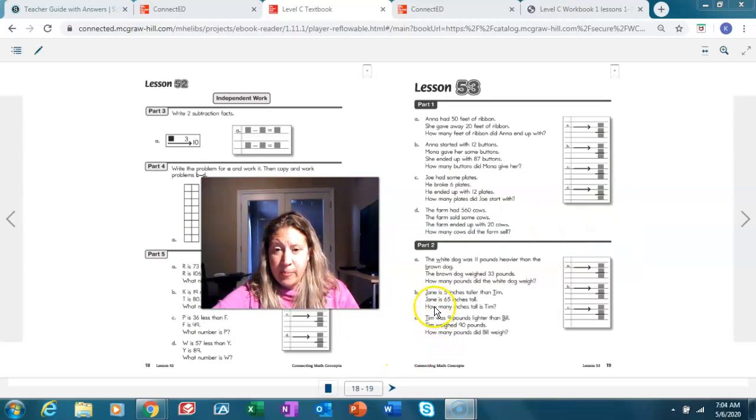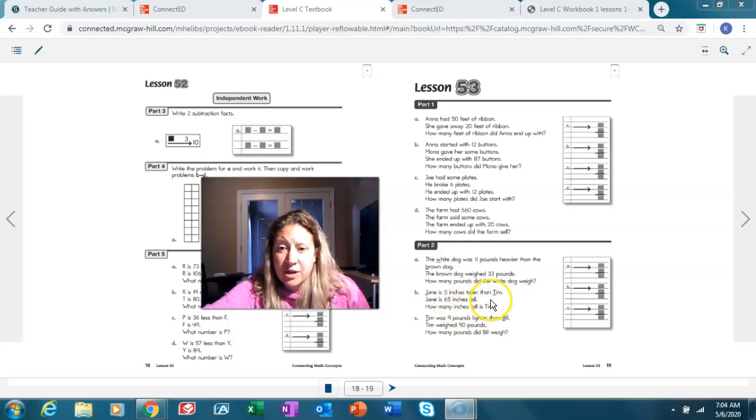Problem B. Jane is 5 inches taller than Tim. Jane is 65 inches tall. How many inches tall is Tim? What do we need to do here?